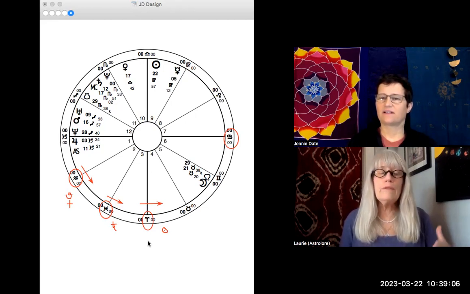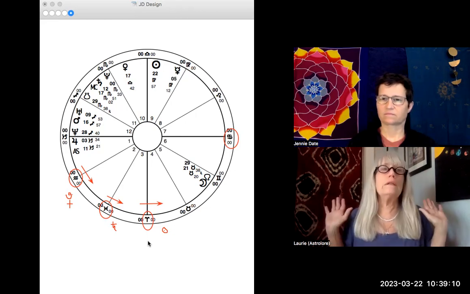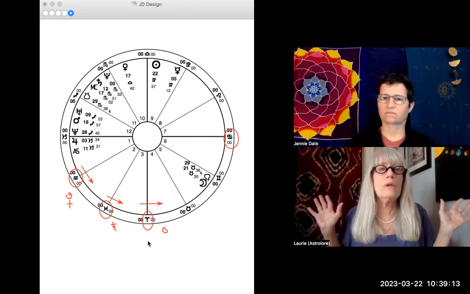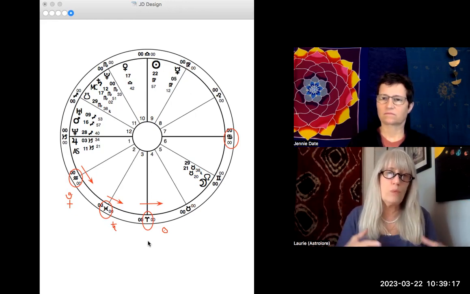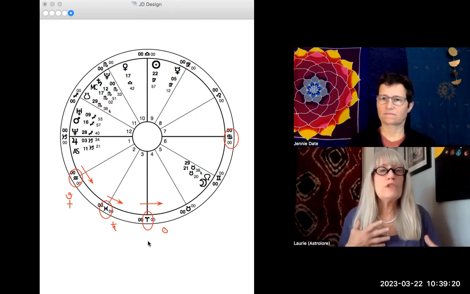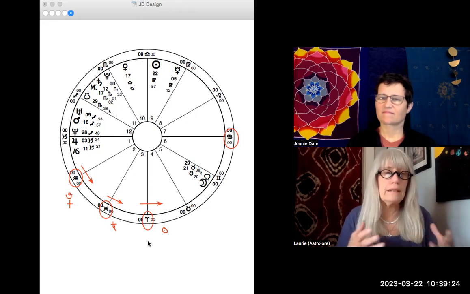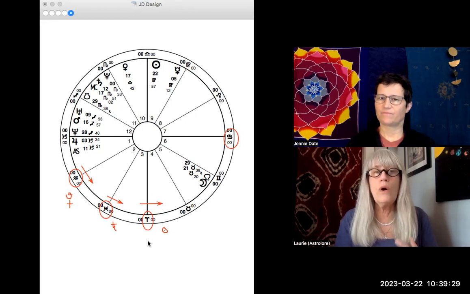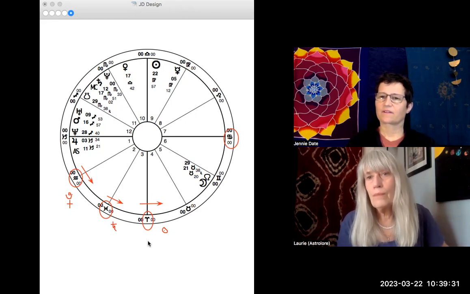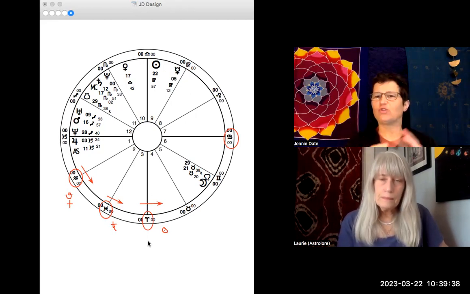If Pluto is doing something and you feel like you have no control of your life, that's one thing. But if you see it coming and you can work with it, it's like, oh, okay. Pluto's job is to get rid of what isn't working and empower me. We can respond differently if we know what's happening. And your life is your life. So whatever's going on in your life, this is attuned to that part of your life.